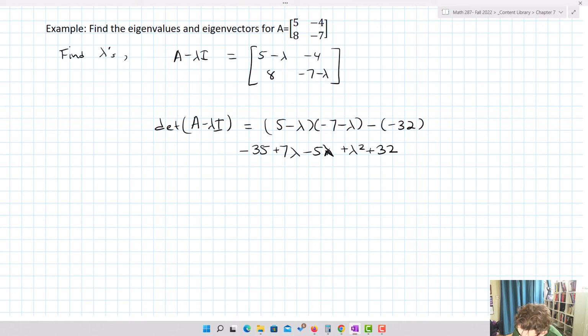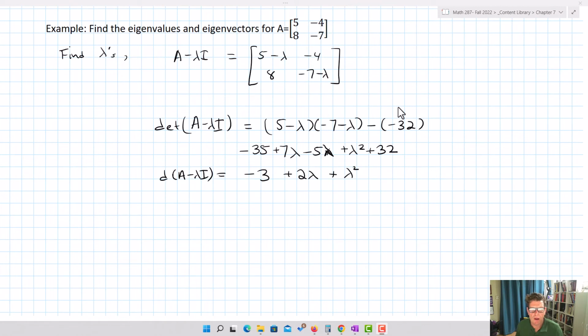So this ends up being -3 plus 2 lambda plus lambda squared, and that equals the determinant of A minus lambda I.